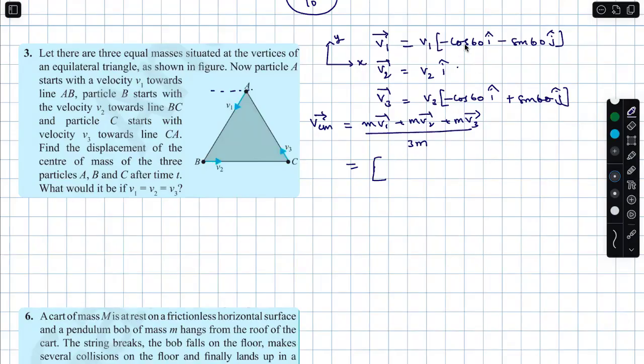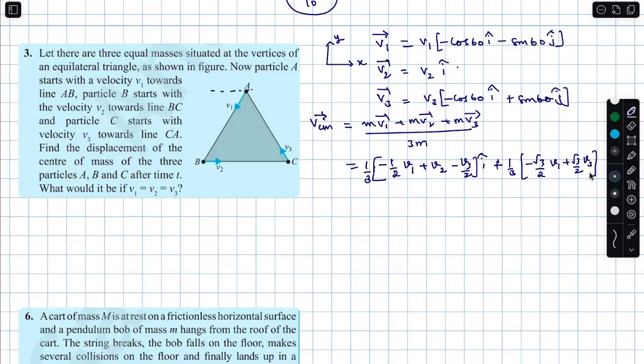You have minus root 3 by 2 V1 plus V2, V1 plus V2 minus V3 by 2, 2 whole by 3 I cap plus 1 by 3 times minus root 3 by 2 V1 plus root 3 by 2 V3.